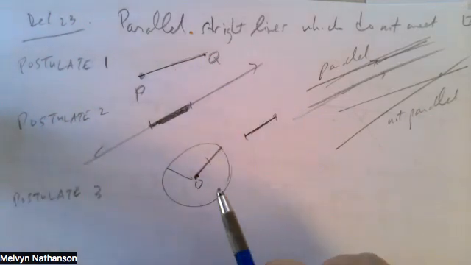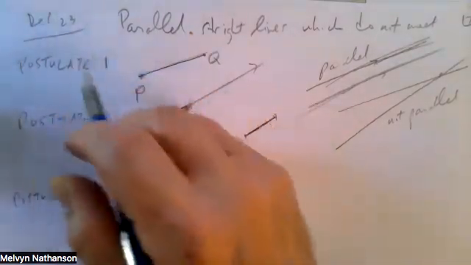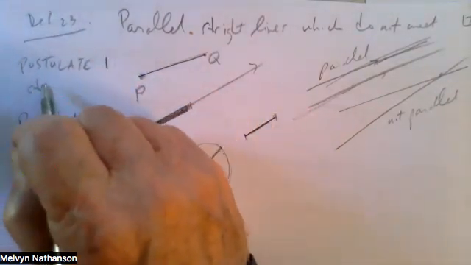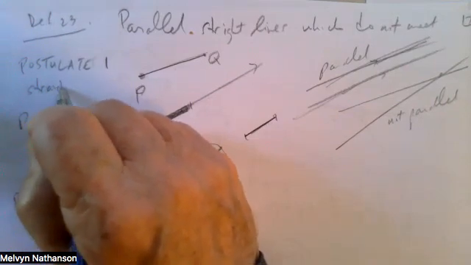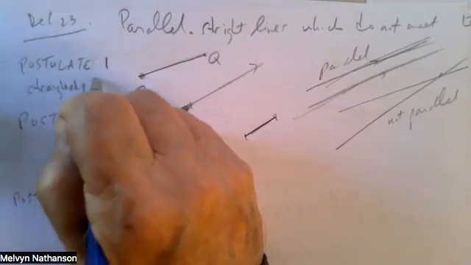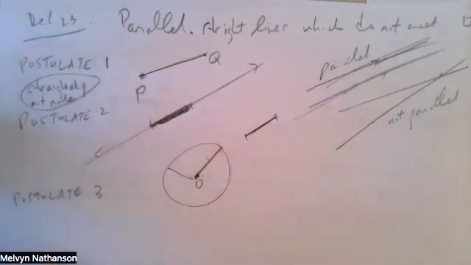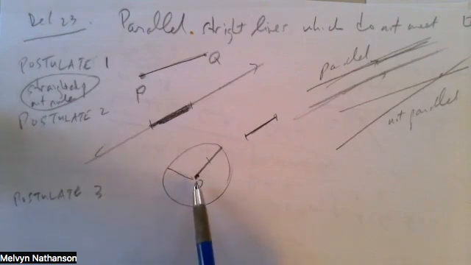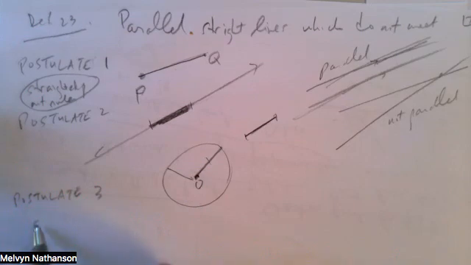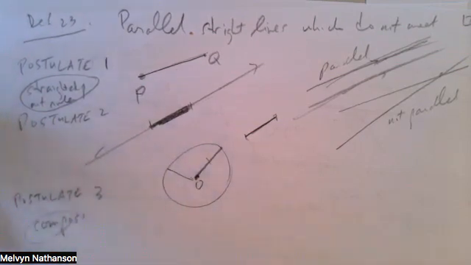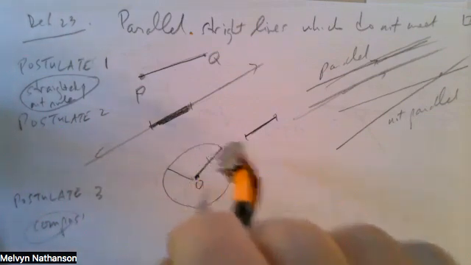Now, what you cannot do, so postulate 1 is something like the permissibility of using a straight edge, not a ruler. You can't mark distances on your straight edge. Postulate 3 about the existence of a circle says something about the use of a compass. Here's a compass.